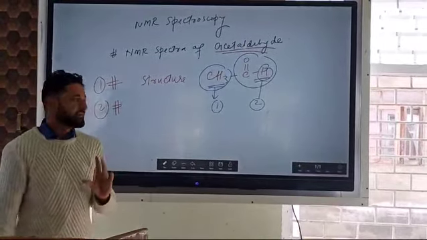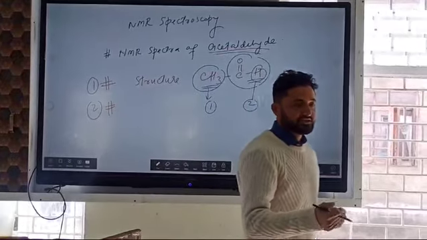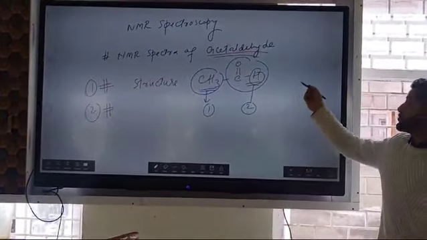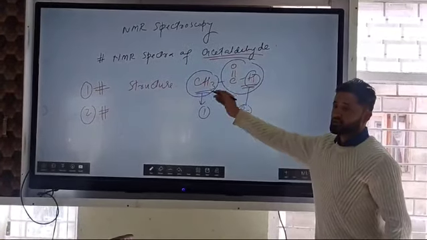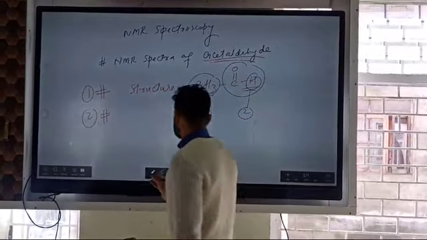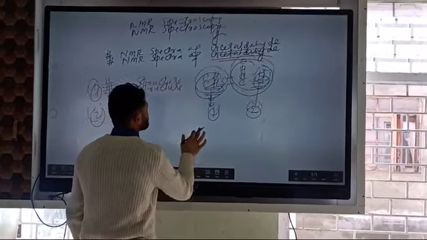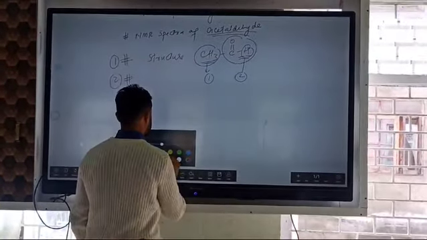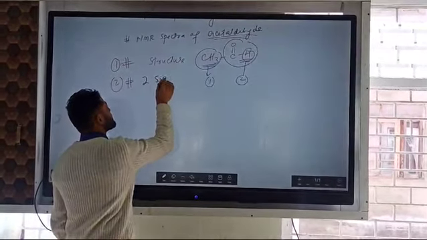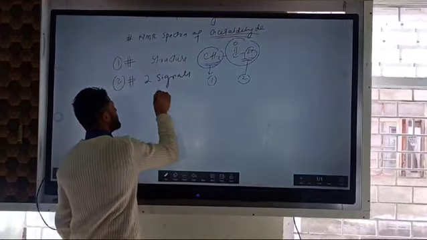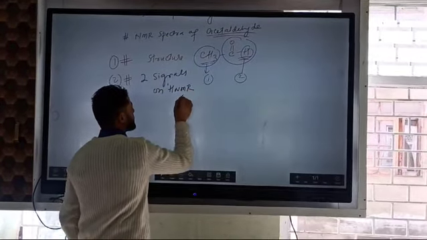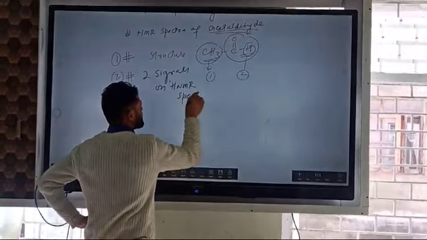So the total number of signals you get on the NMR spectra depends on the total types of protons present. So how many signals will you get? Yes, you need to respond on this. So you will get two signals on the proton NMR spectra.